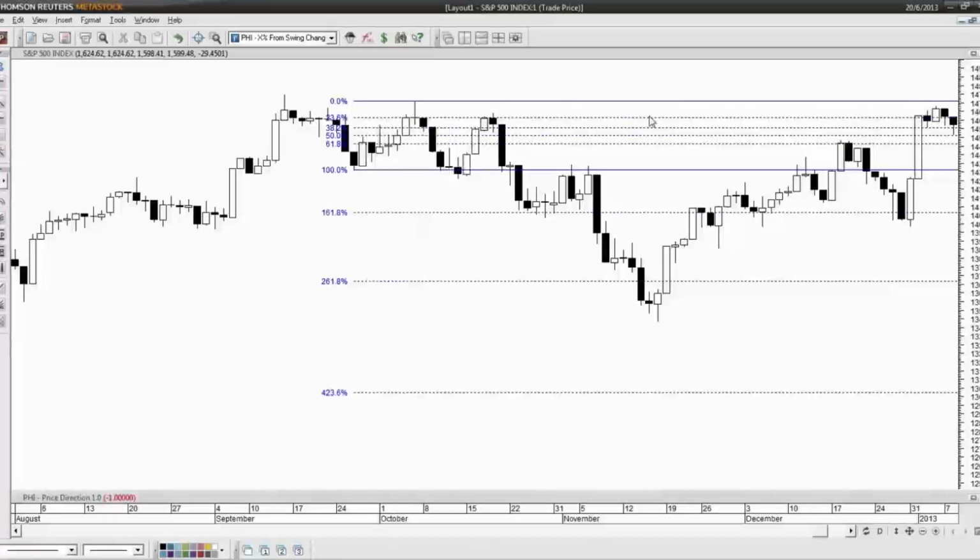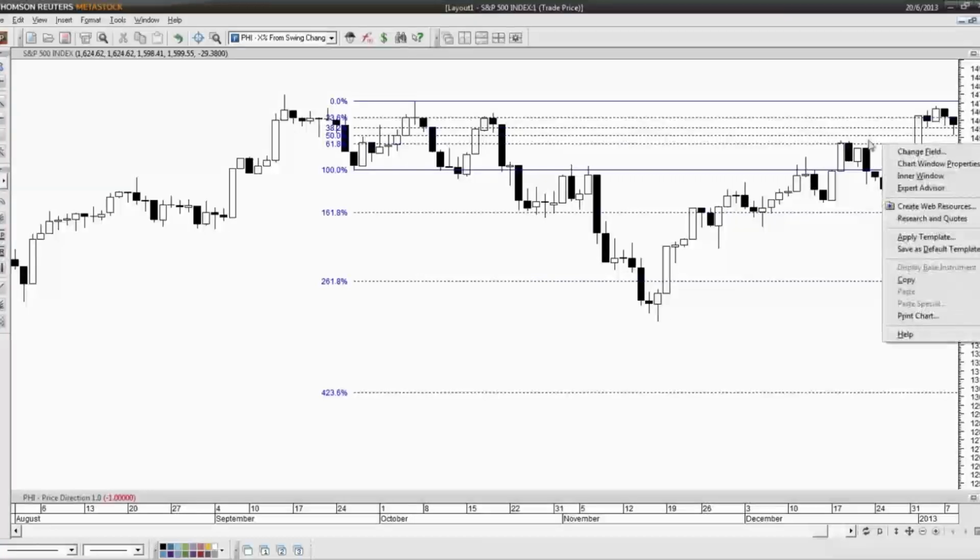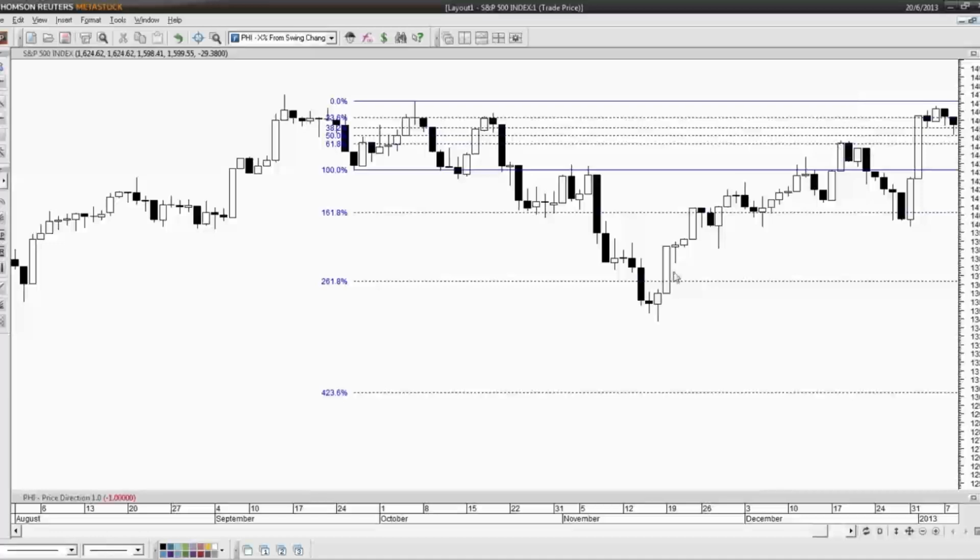So after we close our position, where would we go long again in this market? We would go long again when the market went up, came down, failed to go lower, and we would buy above this level here.